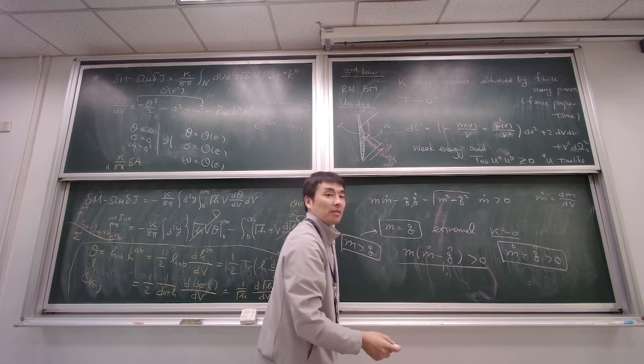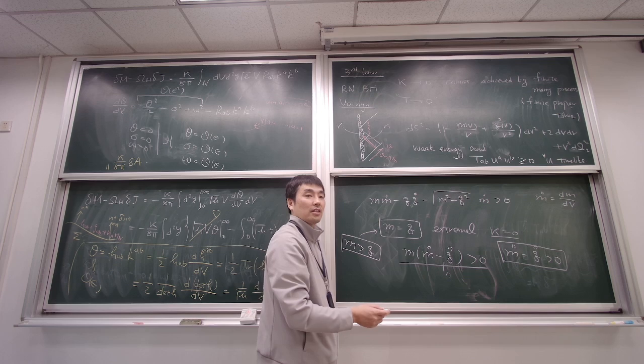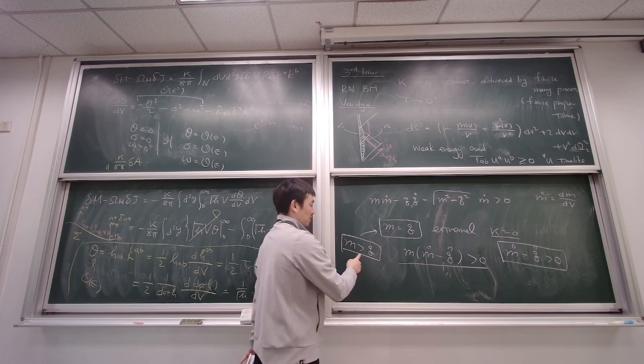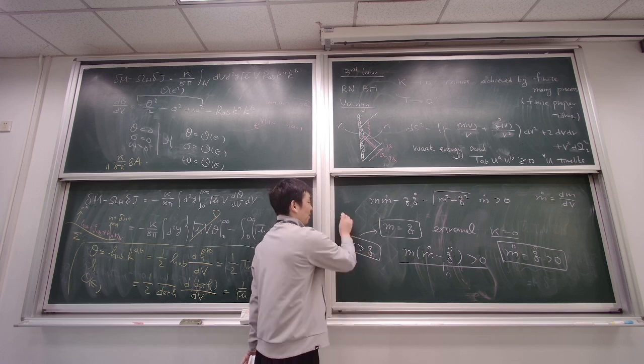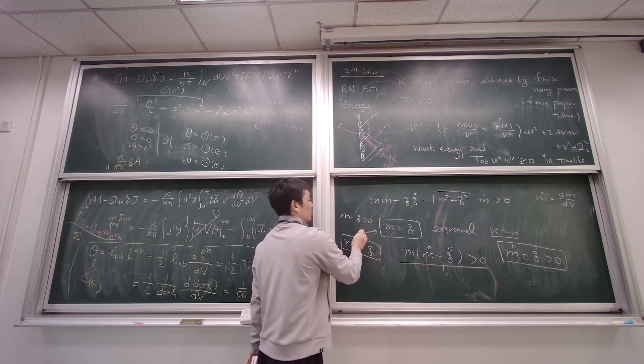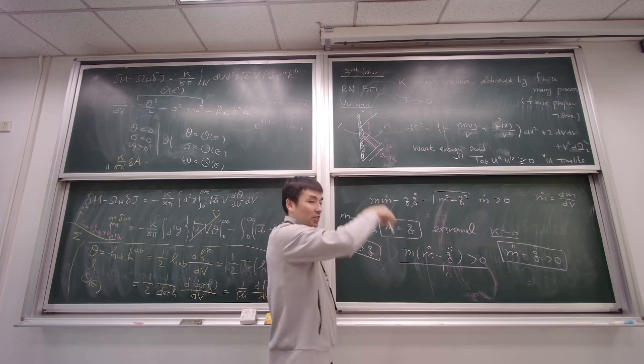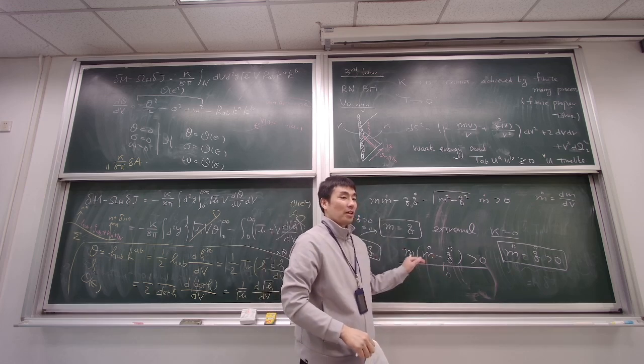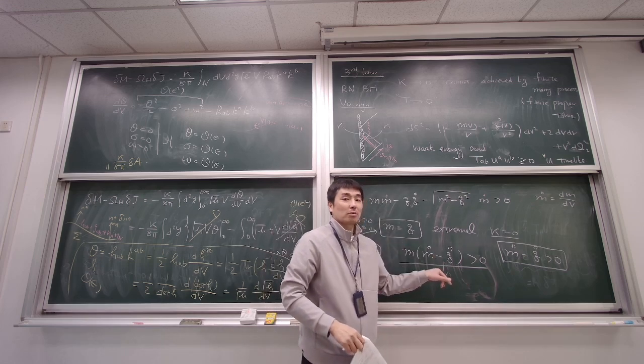Because if M minus Q is positive going to equal to 0, its derivative needs to be negative, right? But if it is negative, this condition is no longer satisfied.